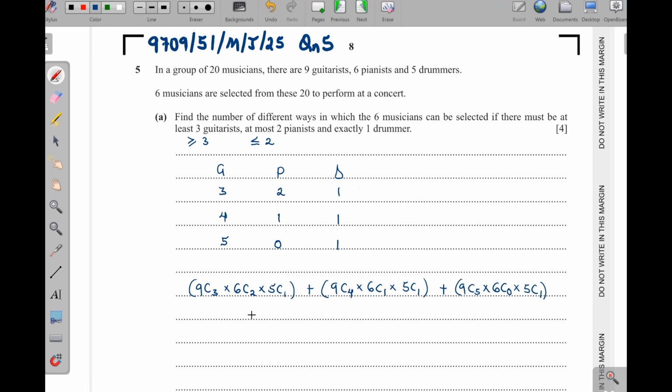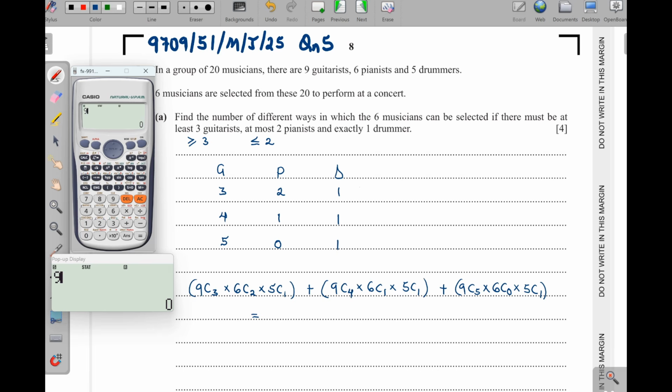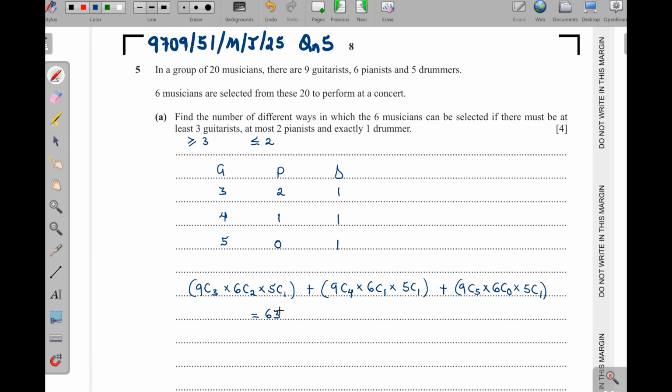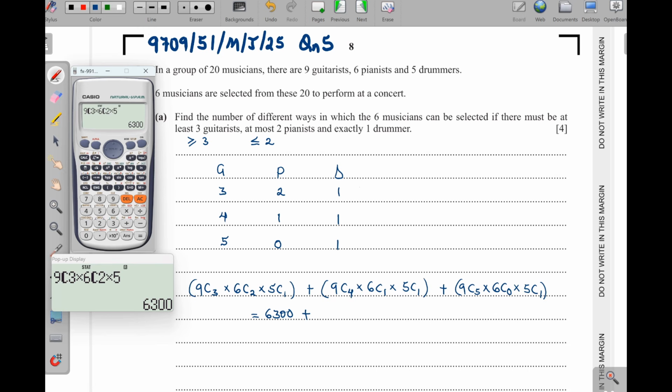So this one will give us 9 combination 3, then times 6 combination 2, times 5 combination 1 is a 5. So we get 6300. The next one, I'll just come to this, and then I say 9 combination 4, and then 6 combination 1, which is a 6, and then 5 combination 1 is also a 5.